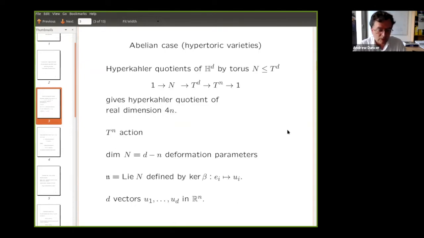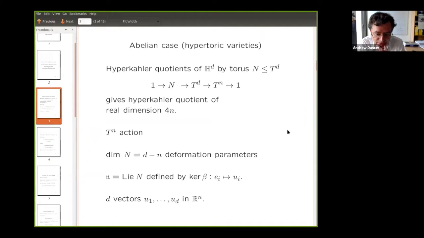Let's look a little bit more closely at how the torus is defined. Essentially, we pass to the Lie algebra level, and just taking the Lie algebra version of that exact sequence, the Lie algebra of a torus is defined as the kernel of some linear map beta from Rd onto Rn, which we can encode basically just by telling you where beta sends the standard basis vectors of Rd.